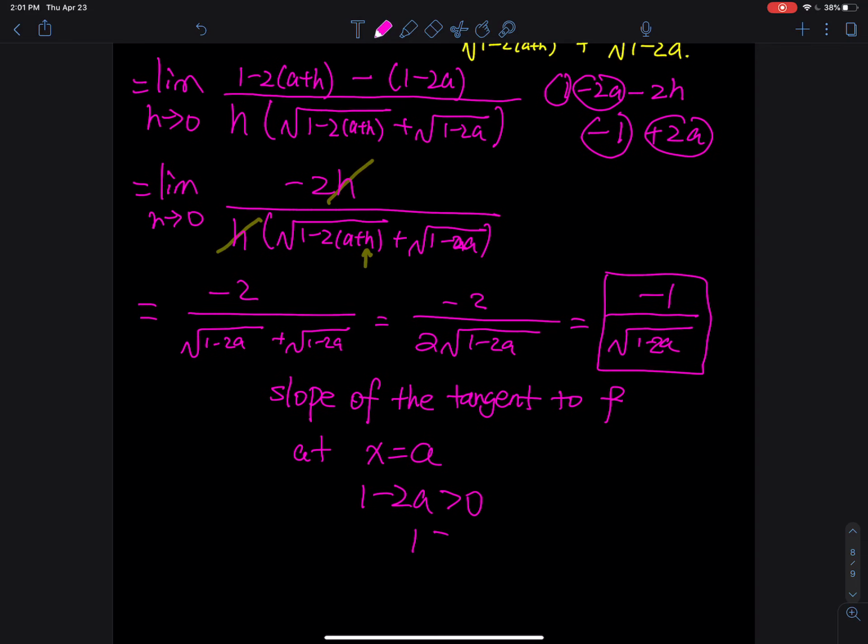So you have 1 greater than 2a, and then 1/2 is greater than a. So that means a must be less than 1/2. Alright, so let's say you choose a 10. 10 is not less than 1/2, right? You plug in a 10, then you have a negative inside a square root that makes the whole thing undefined.